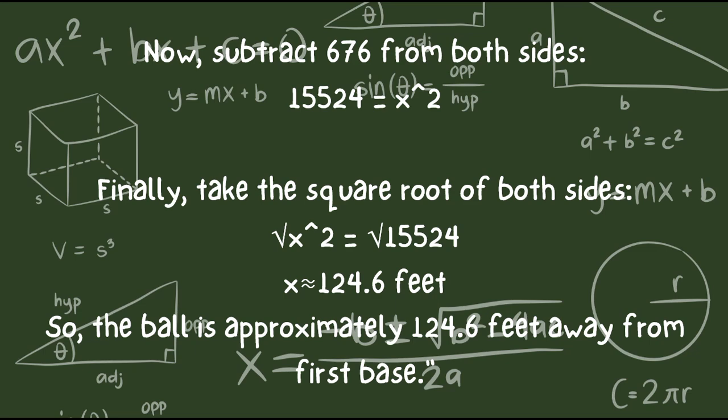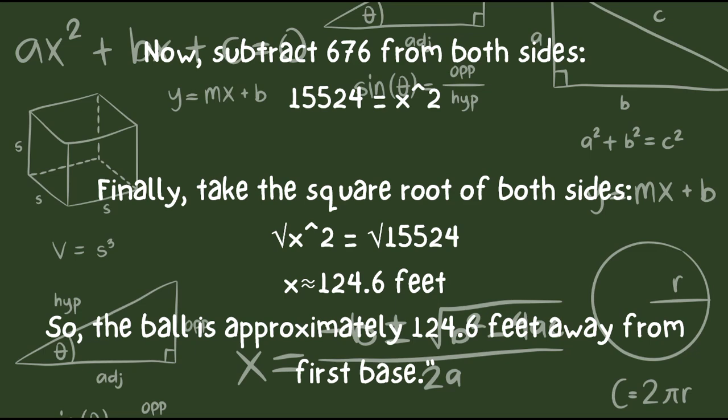Now, let's subtract 676 from 16,200. So we get 15,524 equals x squared. Now that we subtracted, let's finally take the square root of both sides.